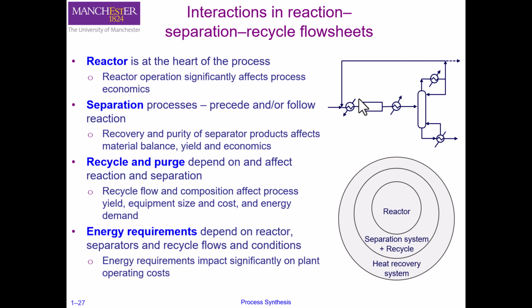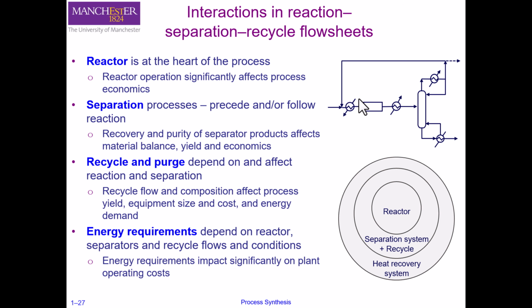Okay, so the reactor not only affects the downstream of the process, but also the upstream, because depending on your reactor conditions and your separation unit, you are also going to design your recycle and purge streams.